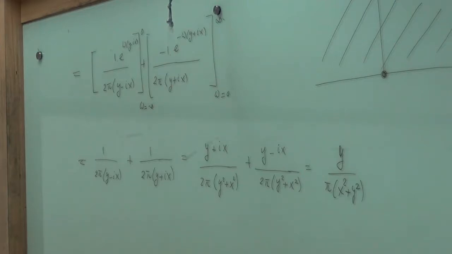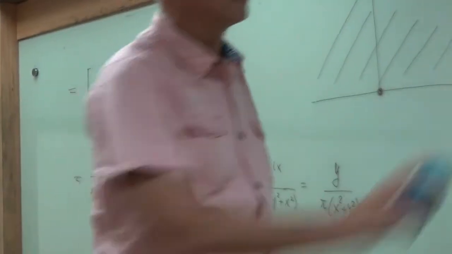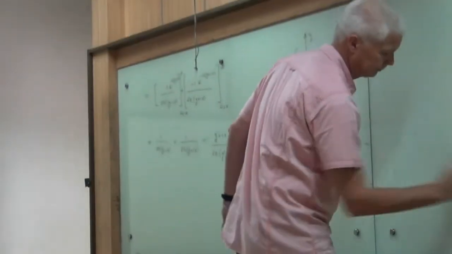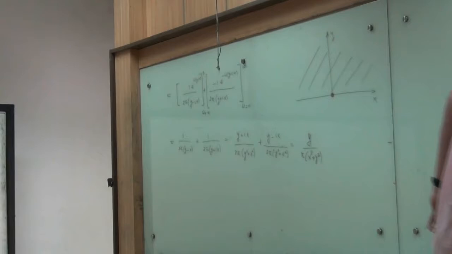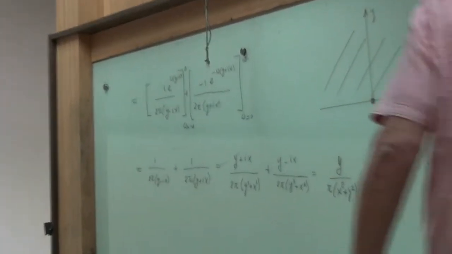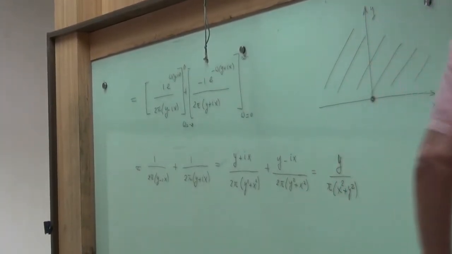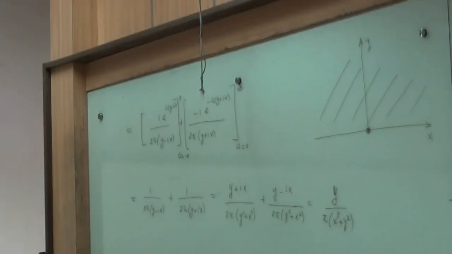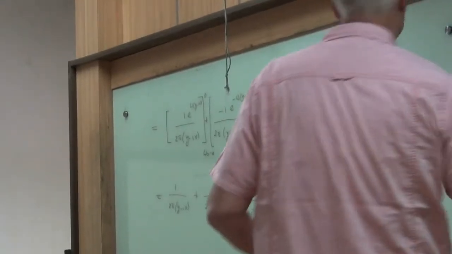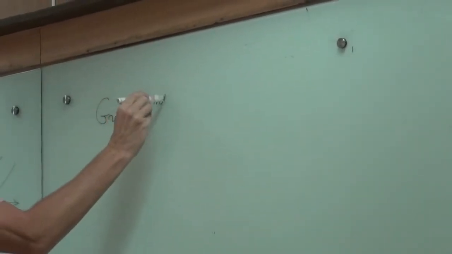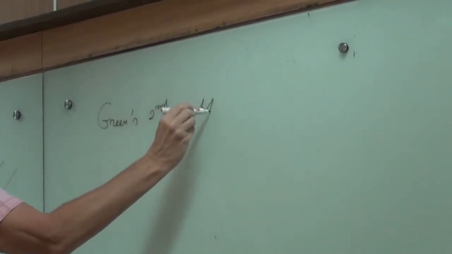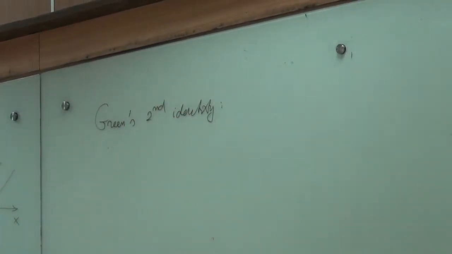Because in chapter 9 we had Green's functions. We had Green's second identity.